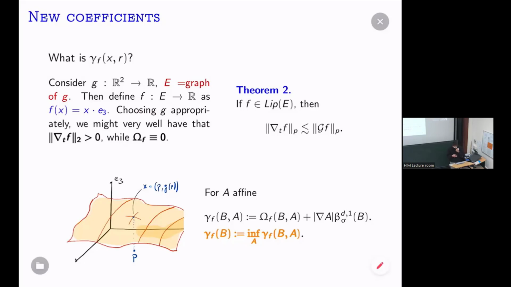The main reason behind this is that we need a coefficient that sees the geometry of the surface we are on. Before, we were in Euclidean space, there was no geometry, everything was flat. Now things are curved, so we need our coefficient to see this curvature. And so that's why we define this gamma to be the omega number, which checks how well a function is affinely approximated, but we add a term which sees the geometry.